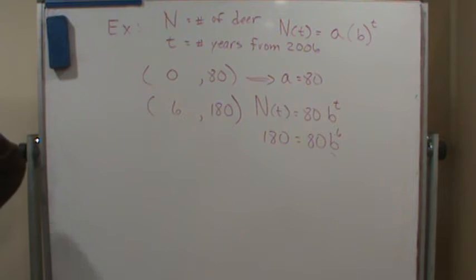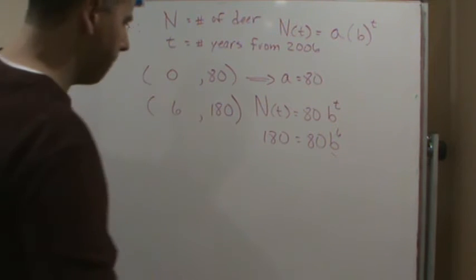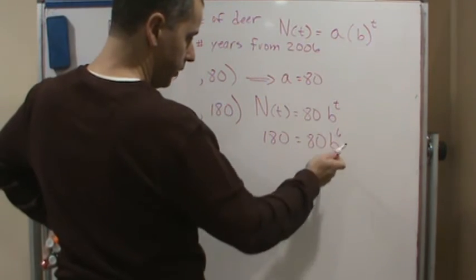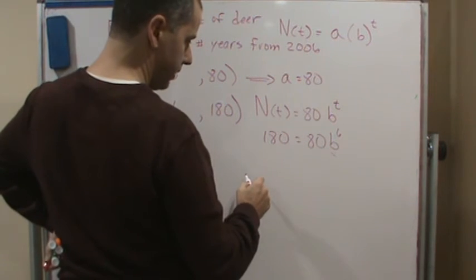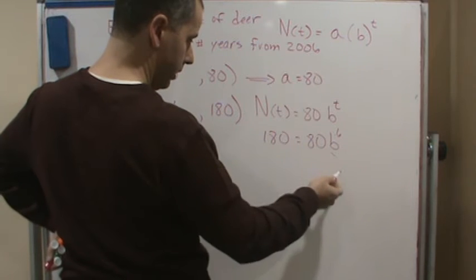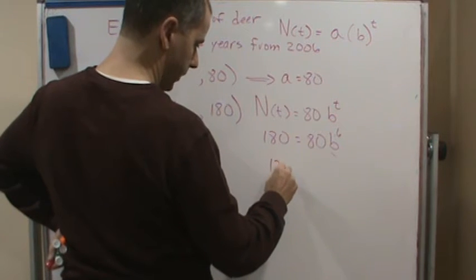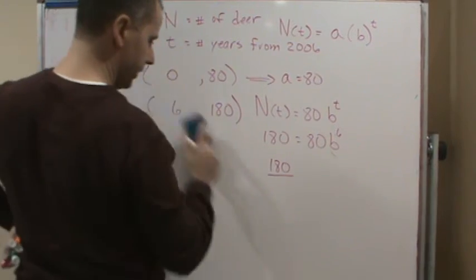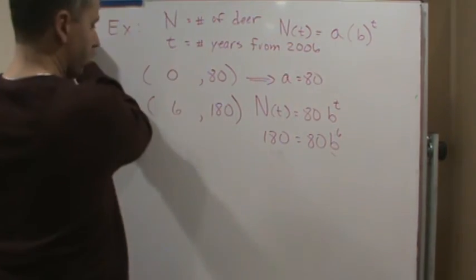Okay, now, how do we solve this? Well, let's do some algebra. We're going to divide both sides by 80. Let's switch this around.